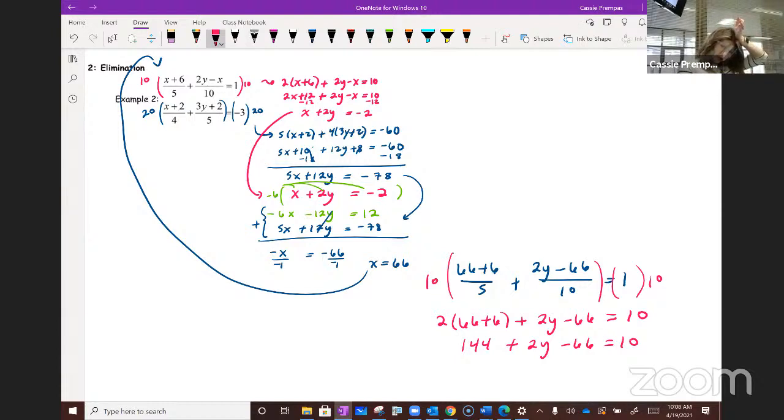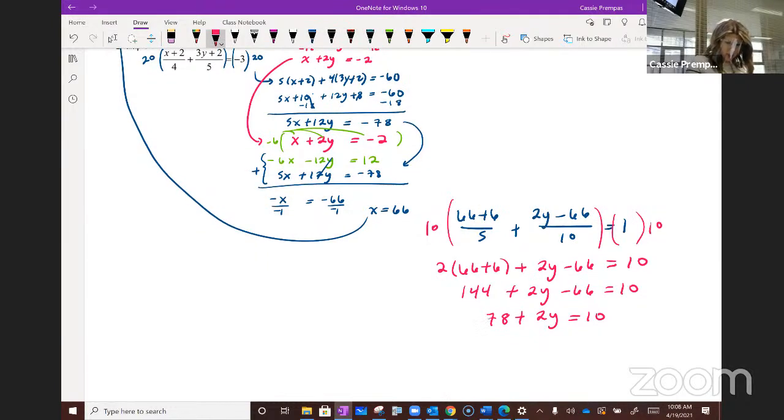That's a tough one. What is that? 78? Yeah. 78 plus 2y equals 10. Subtract 78, and I get 2y equals negative 68. Divide by 2, and I get y is equal to negative 34.